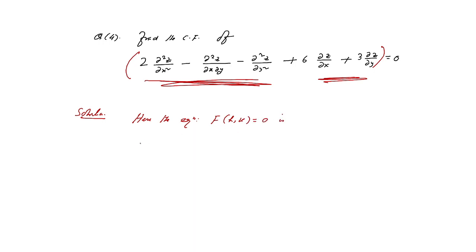That is 2h square minus hk minus k square plus 6h plus 3k equals to 0. And we will write it as quadratic in k.